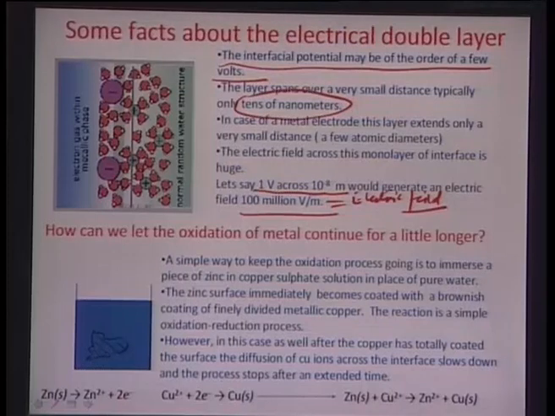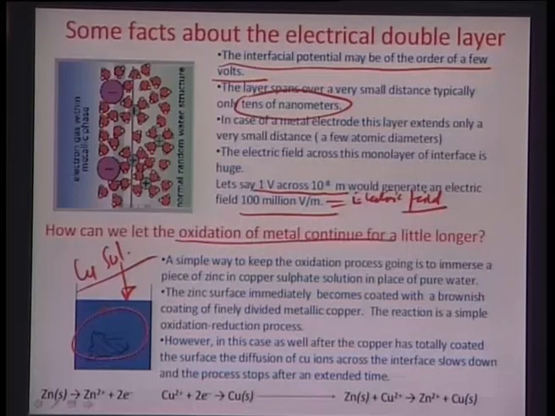What happens, let us say, in another illustration, if a piece of zinc is dipped in copper solution. Okay. So, let us first consider how this oxidation of the metal, which we were seeing in the last case where zinc was being converted into Zn plus 2, can be continued for a little longer.